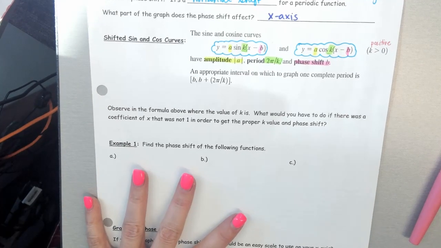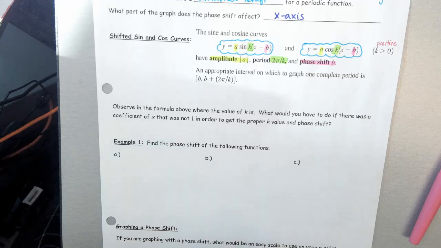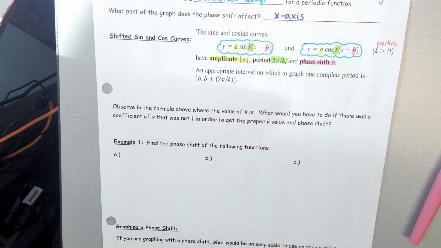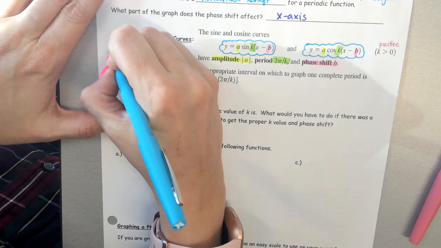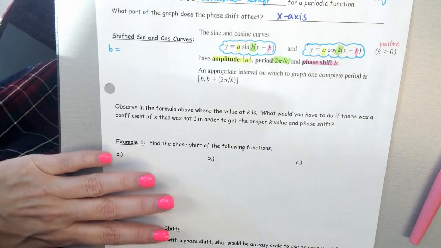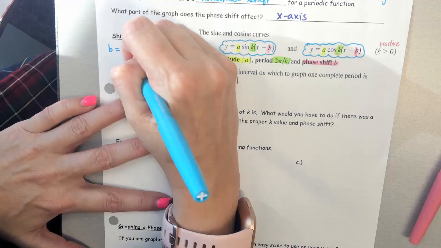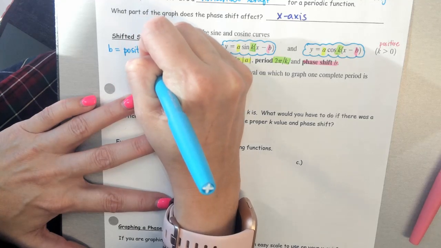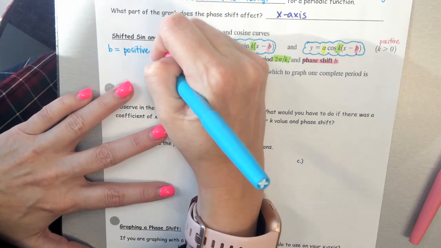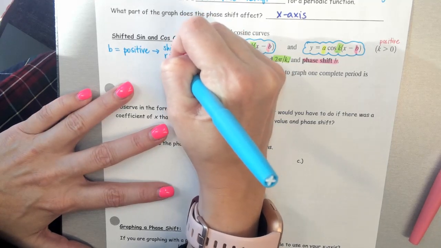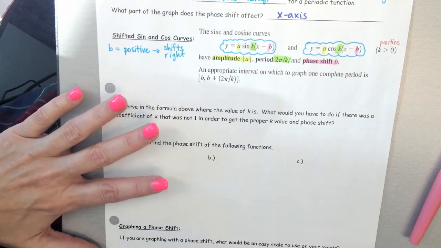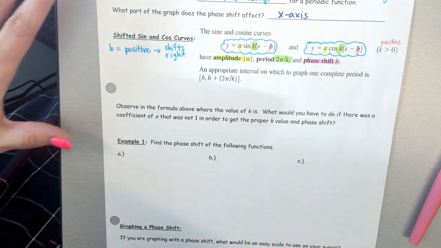So one thing you were asked to explain in your review packet is when does the graph move left, when does it move right? So your b value, if it is positive, it goes to the right. Okay, so if it's positive, it shifts right on the x-axis.